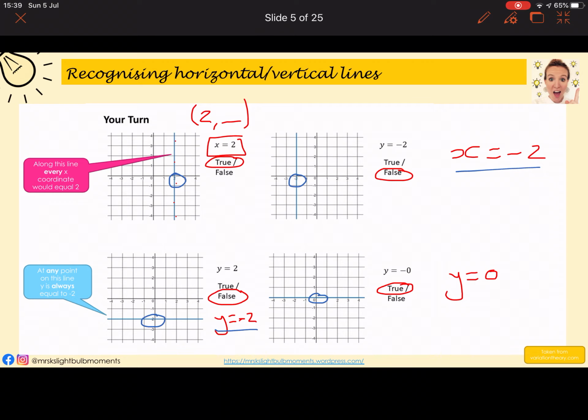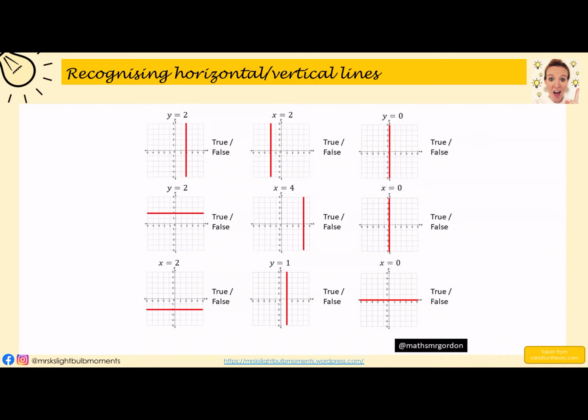Okay, I hope that's helped with those. Quick few for you to practice, so as many as you can. If you've got this printed out, try and circle on them true or false. If not, do a little tick or a cross. I'm giving you about 30 seconds, really quick.